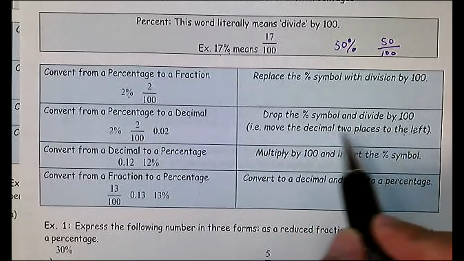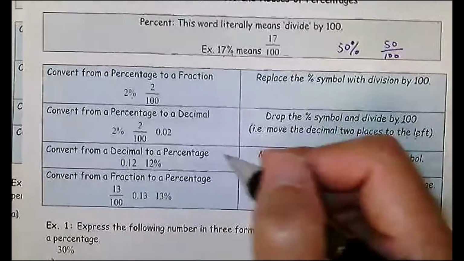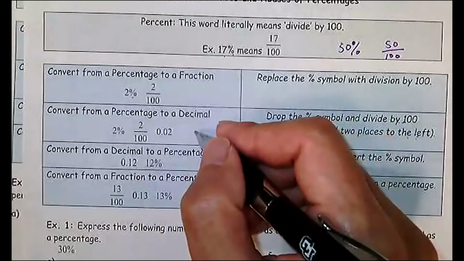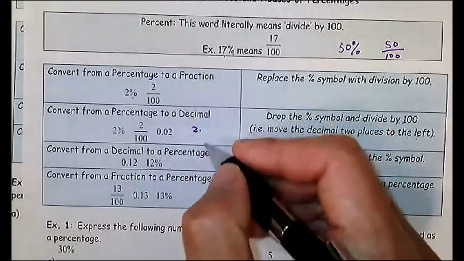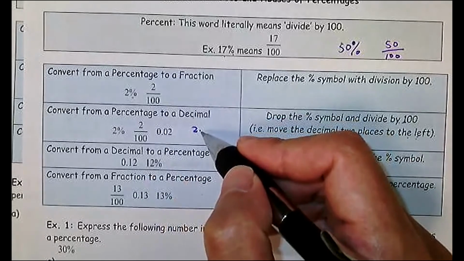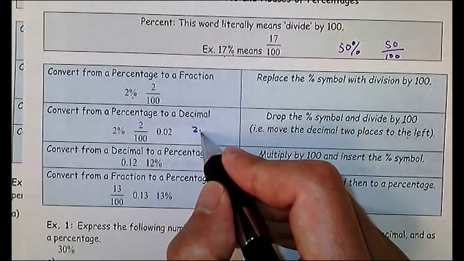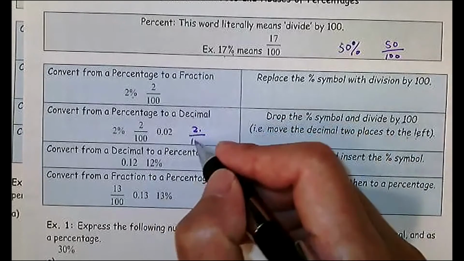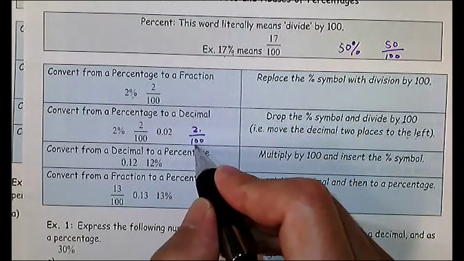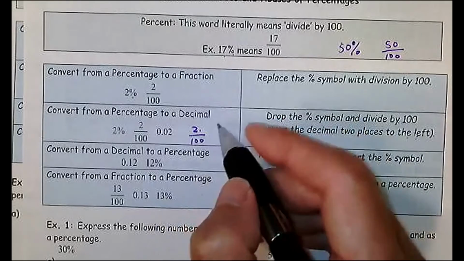Move the decimal 2 places to the left. Originally, if you see 2, you should remind yourself the decimal dot is behind the 2.